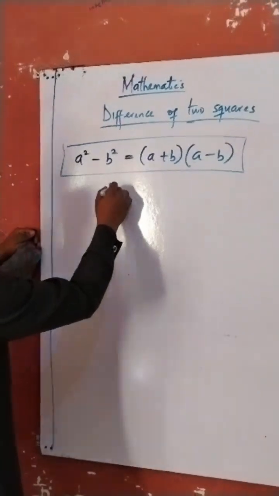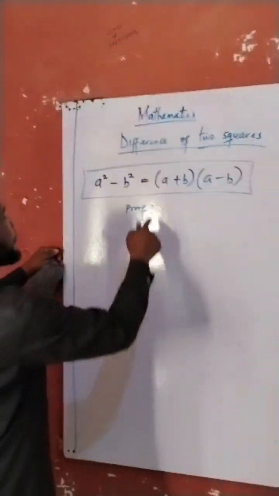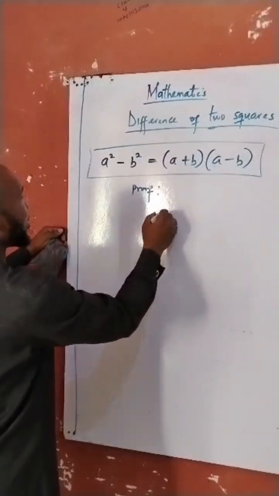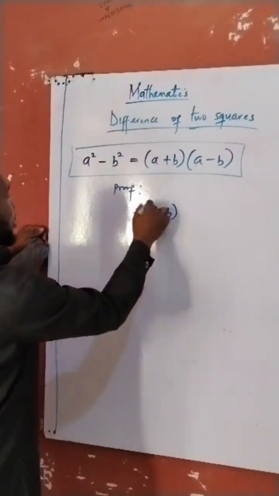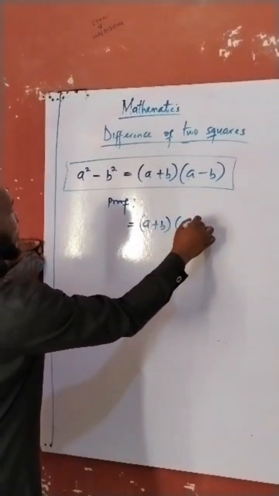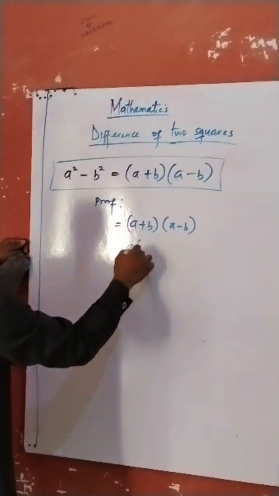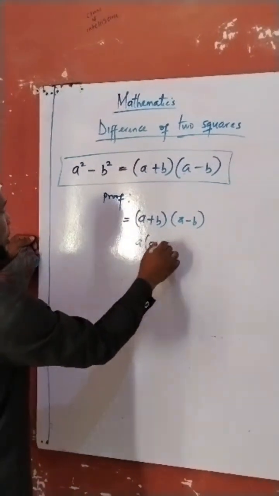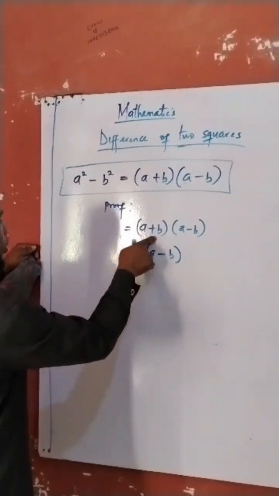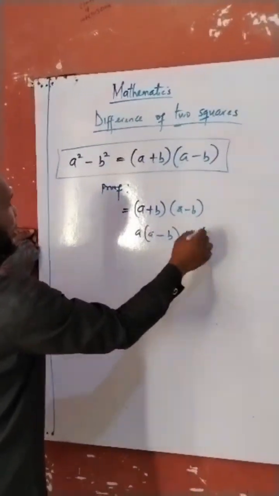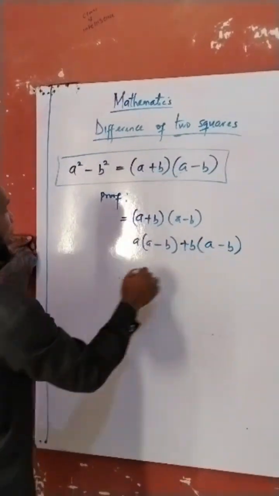Let's prove it. If you expand a plus b, a minus b, you are going to get this: a open bracket, a minus b, close bracket, plus b, open bracket, a minus b. What do we have?